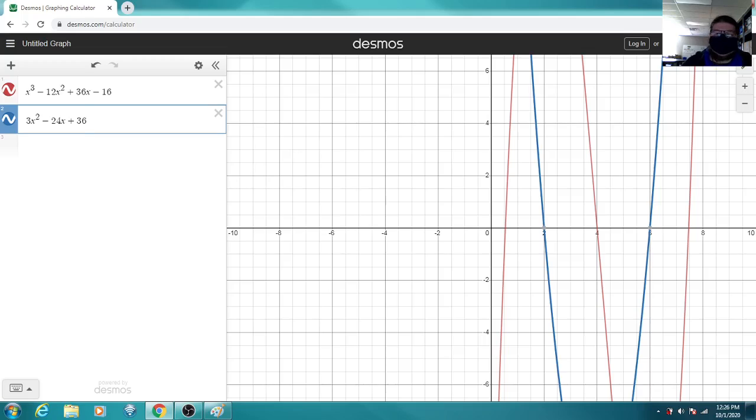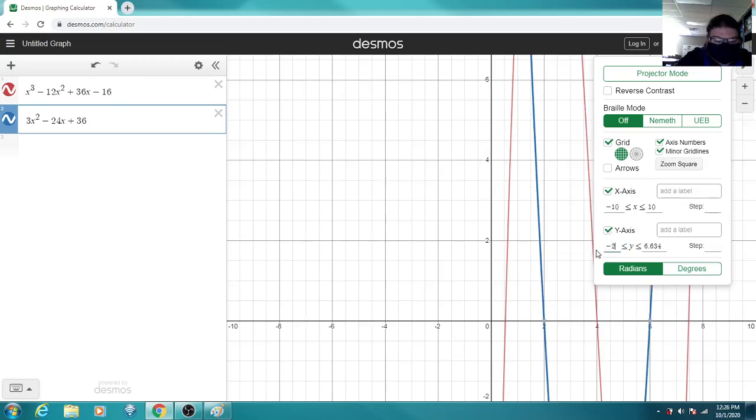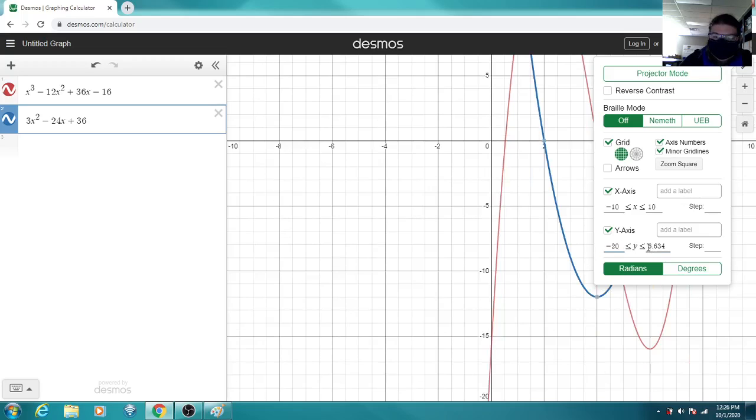Okay, so our graph looks like this. We're going to choose a slightly different window: negative to 10 is fine for x, but for the y-axis we want negative 20 to positive 20.